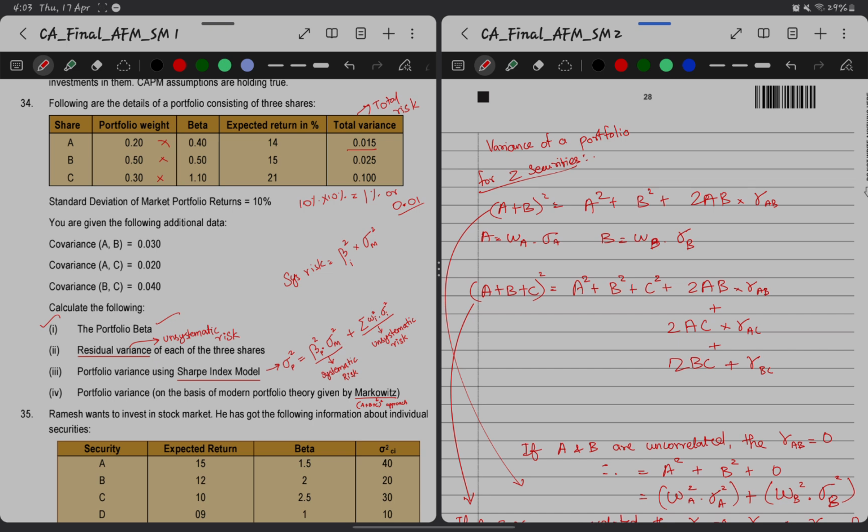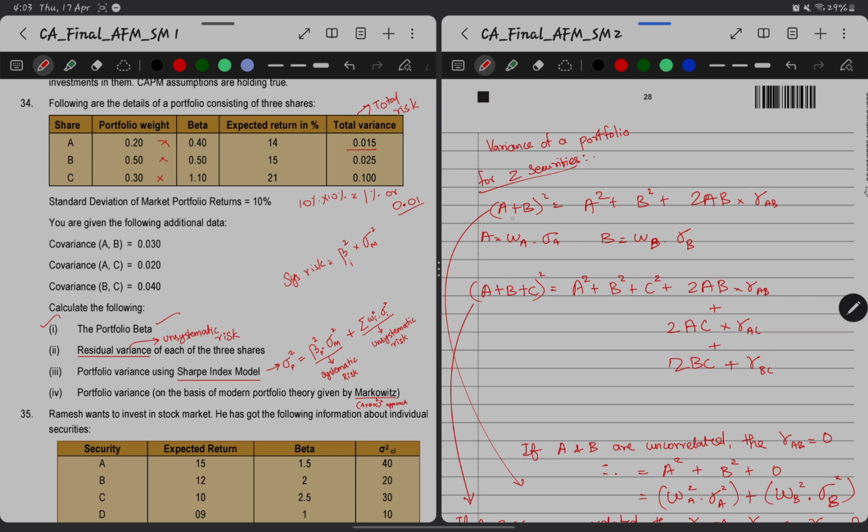That's why unsystematic risk will differ from each company. It is company specific. In case of beta, in case of the systematic portion, there will be some correlation between the stocks, but in case of unsystematic risk there will not be any correlation. So the correlation portion of the formula will become zero.